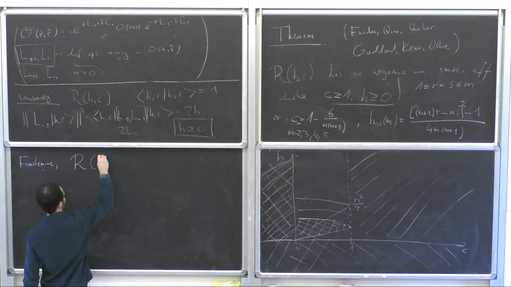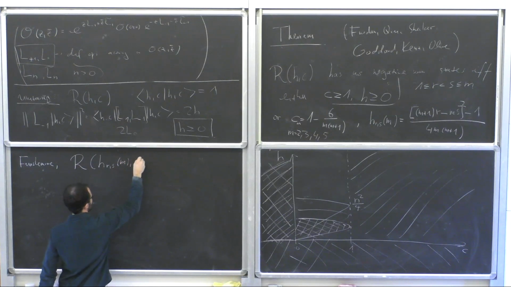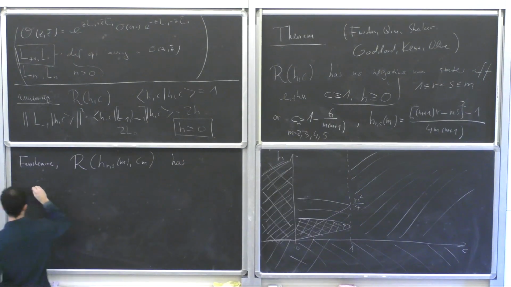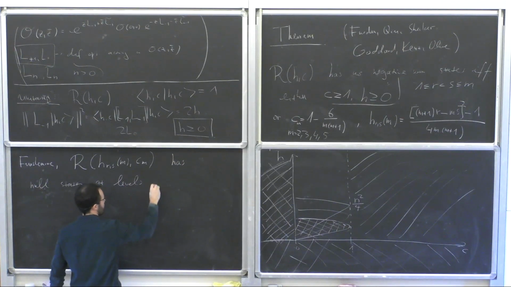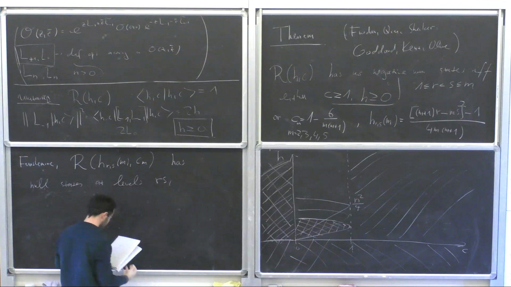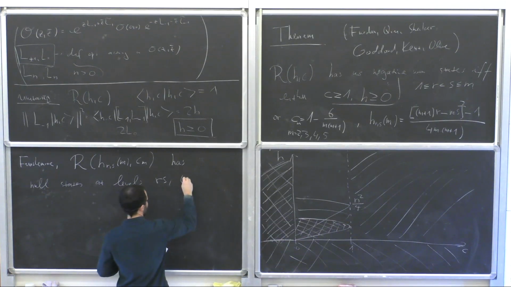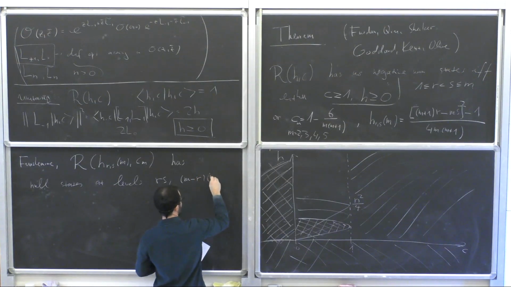So the representation, which is H_{R,S} with central charge CM, has null states at levels R times S, and also at level M times R, and M plus 1 times R, M plus 1 minus S.